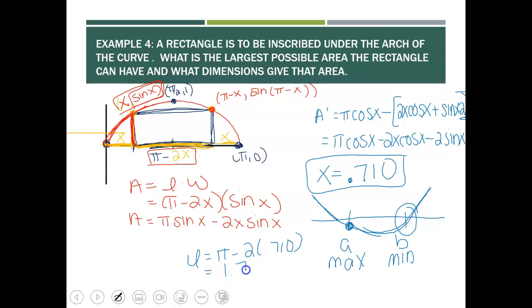And you get 1.72. And then the largest possible area would just be multiplying those two things together. Make sense?